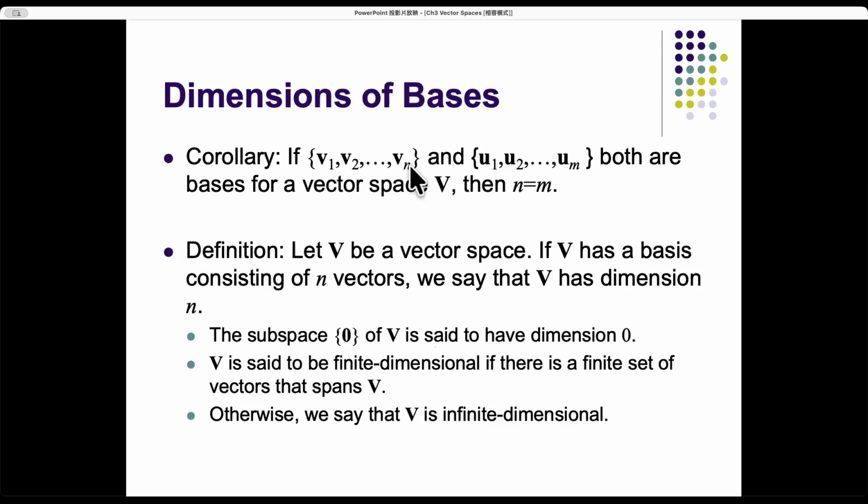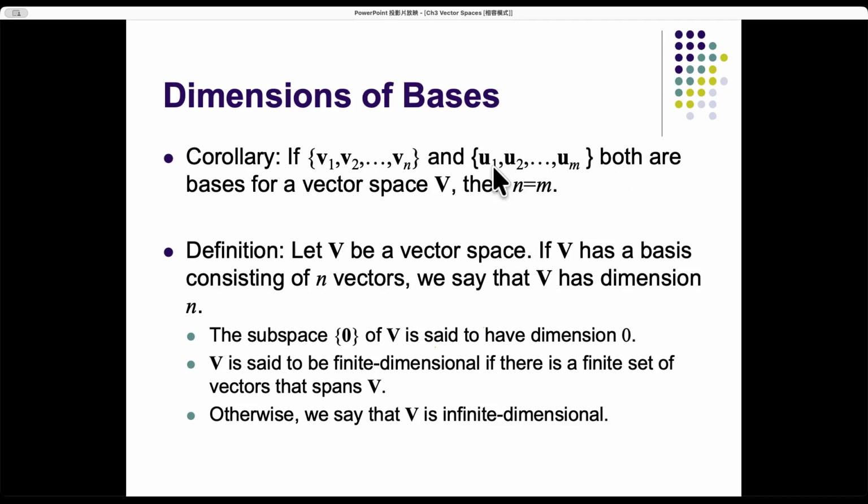m. N is smaller than m. Okay, so we have more vectors in the second set than the first one. But because both of them are bases, right? According to the definition of the basis, first, v1 to vn would be the spanning set for V, right?